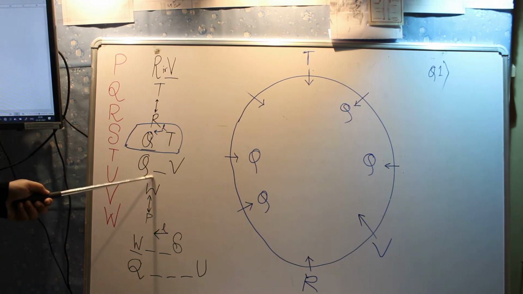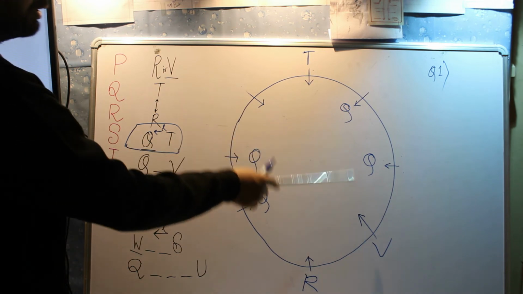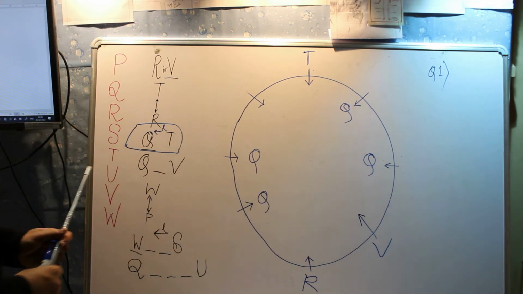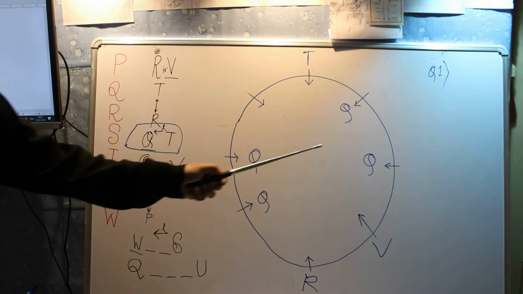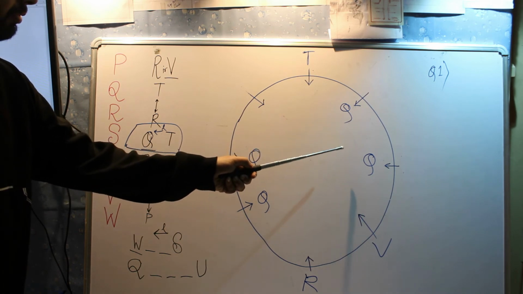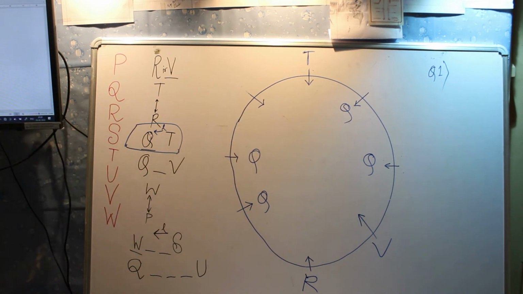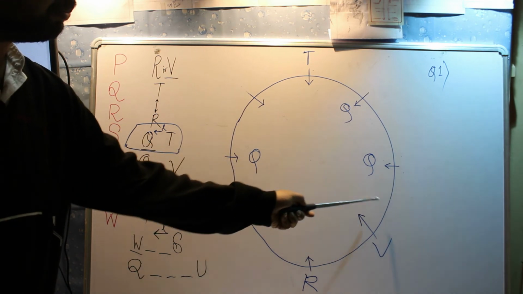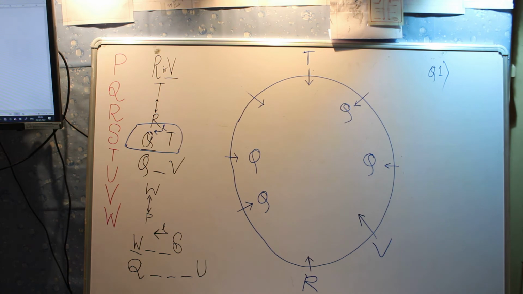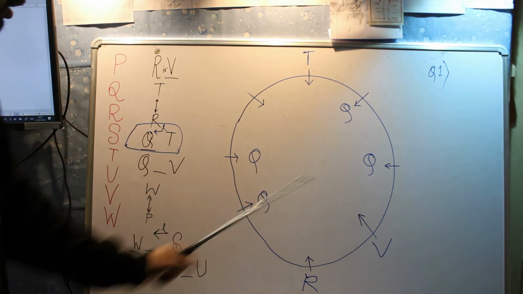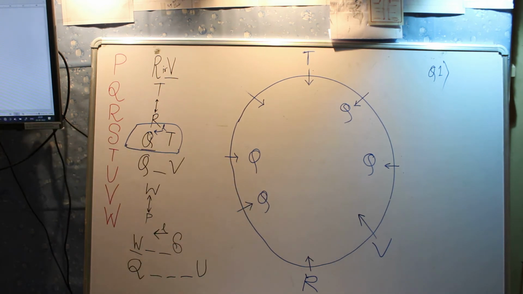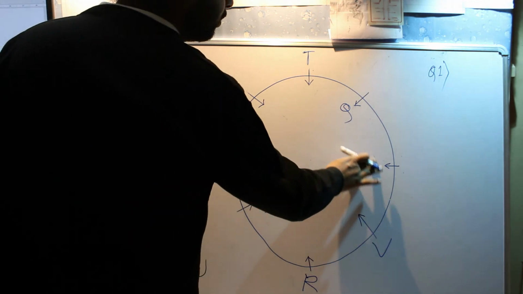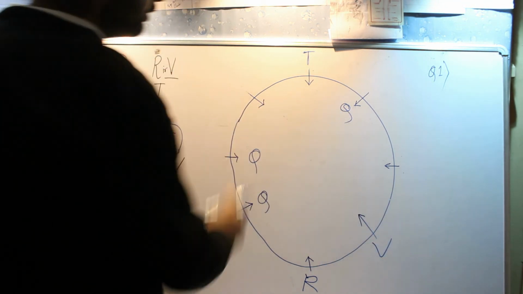One person is to be filled between Q and V. If this is Q and this is V, one person is to be filled between Q and V. And if this is Q and there are no available seats here between Q and V, so Q cannot be placed here. So the only possibility for Q is this.